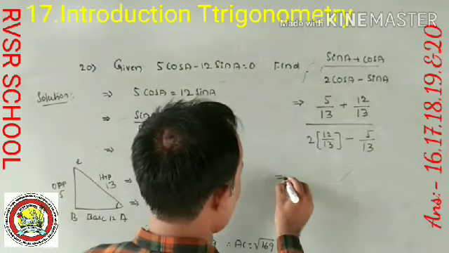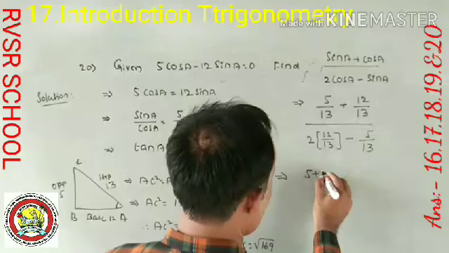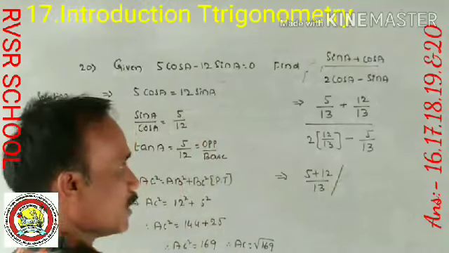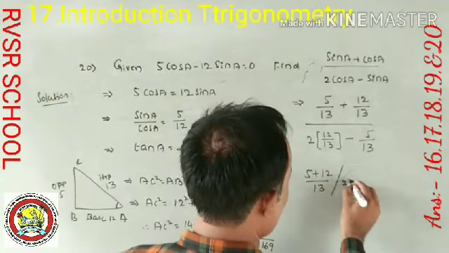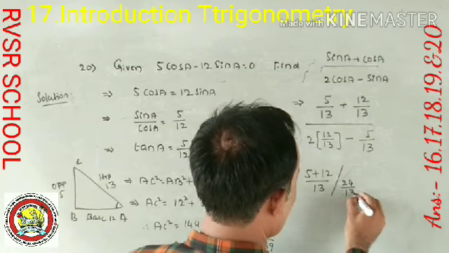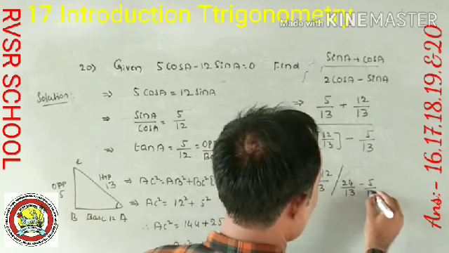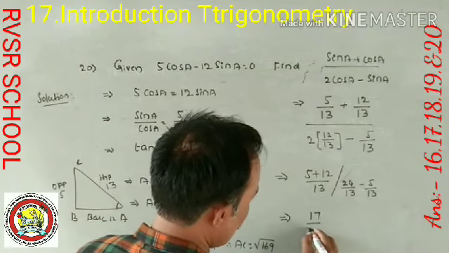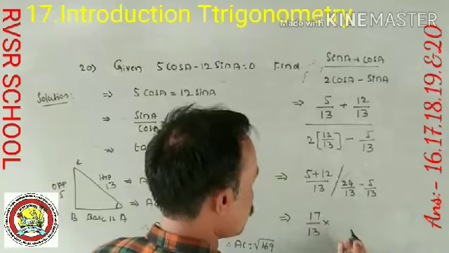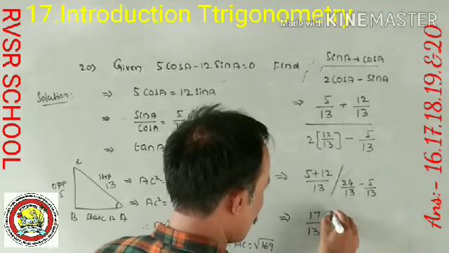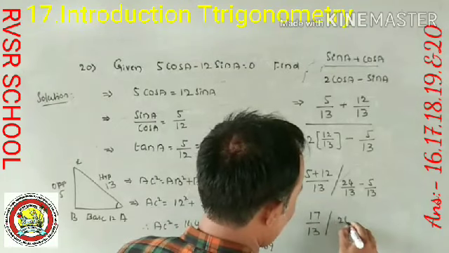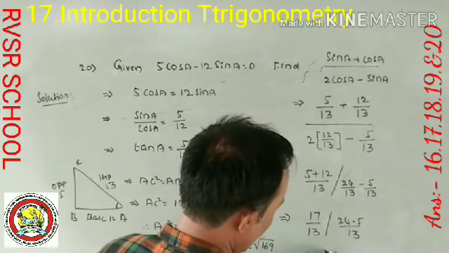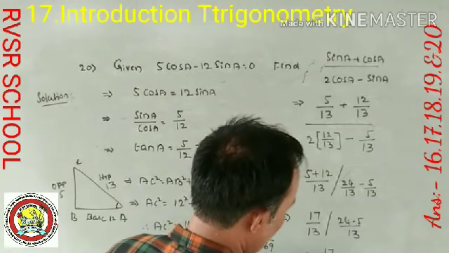With 13 as LCM, what will you get? 5 plus 12 divided by 13, whole divided by 2 twos are 24 divided by 13 minus 5 by 13. This implies, last step, 17 by 13 into 13 by difference 19.